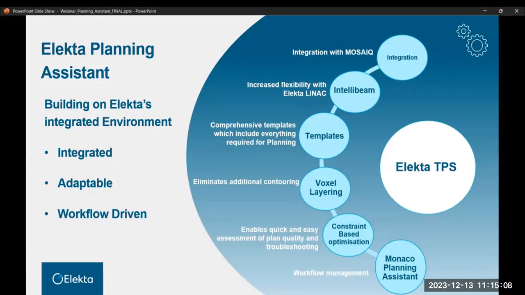These can all be included by just loading a template. In some of the other planning systems out there, you may be able to bring in a template, but essentially you have to create a lot of those extra things for yourself. So our templates are very powerful and allow you to get planning straight away.